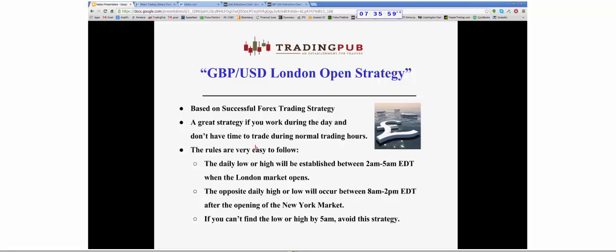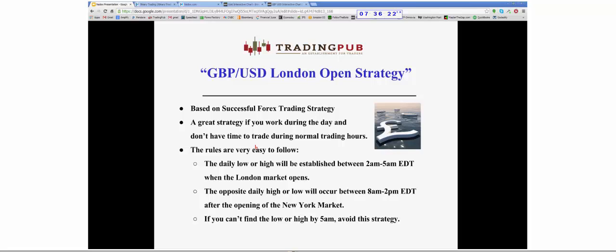It's traded on an hourly chart. Based upon the information that the 3 a.m. bar supplies, you set your entry, exit, stop loss, and let that trade run 50 pips, and then with great frequency, you can pick up $500 within a matter of hours.